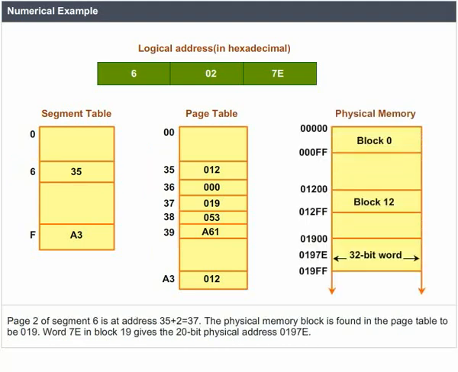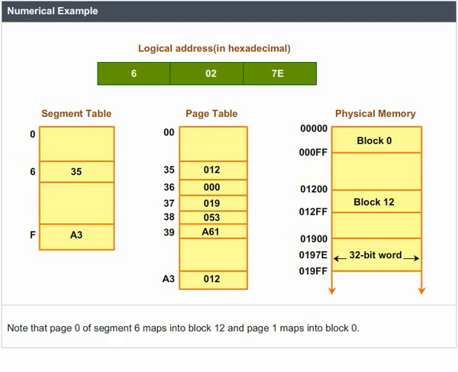Page 2 of segment 6 is at address 35 plus 2, which equals 37. The physical memory block is found in the page table to be 019. Word 7E in block 19 gives the 20-bit physical address 0197E. Note that page 0 of segment 6 maps into block 12 and page 1 maps into block 0.